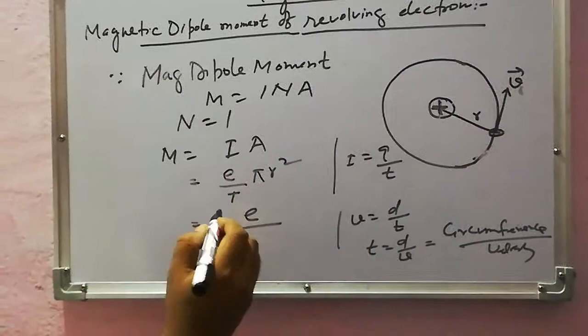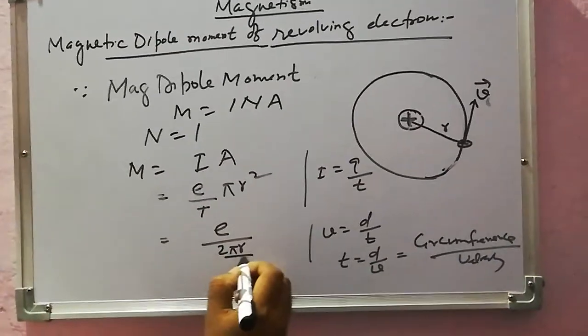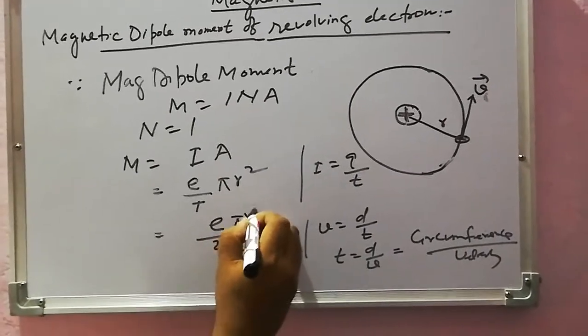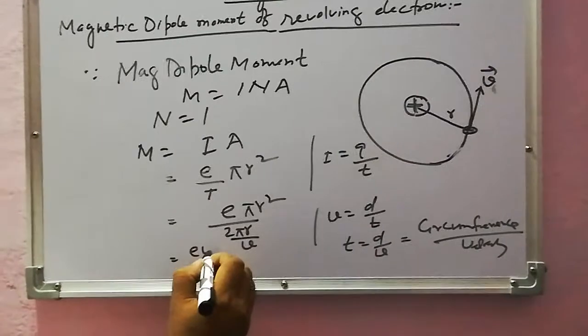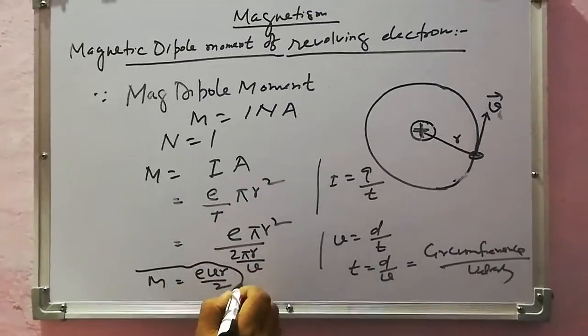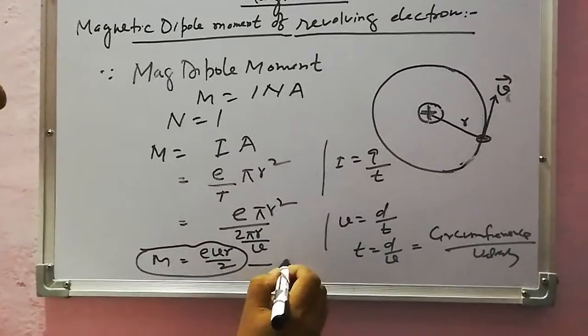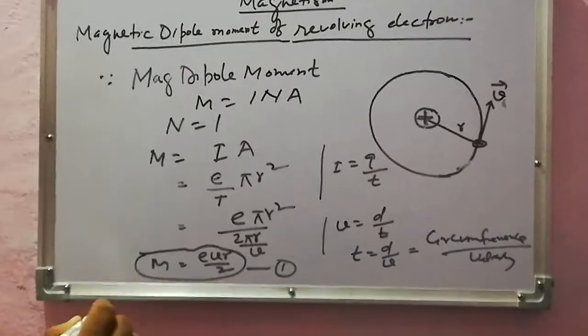So T becomes equal to the circumference 2 pi r by v, and m = e/(2 pi r/v) into pi r square. Now it becomes equal to evr by 2. Is it clear? So this is one of the expressions for the magnetic dipole moment of the electron revolving in orbit.